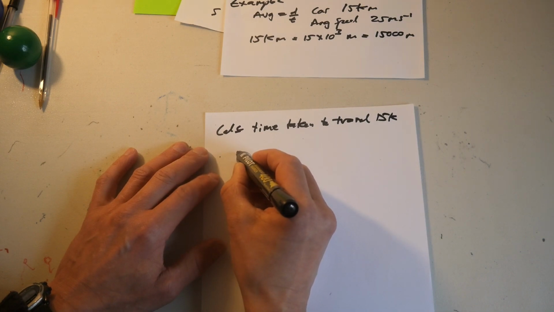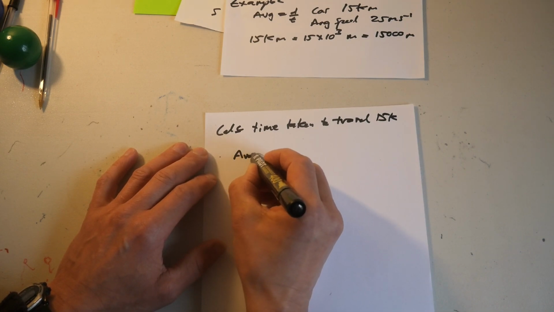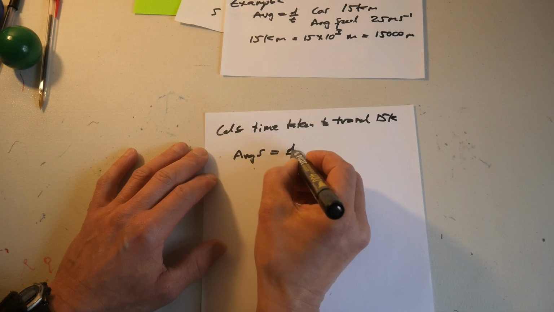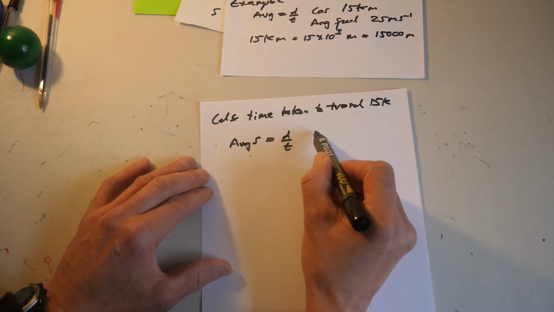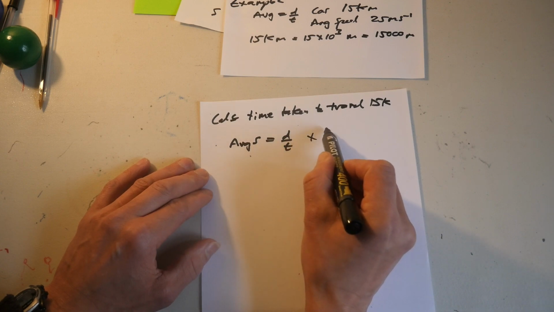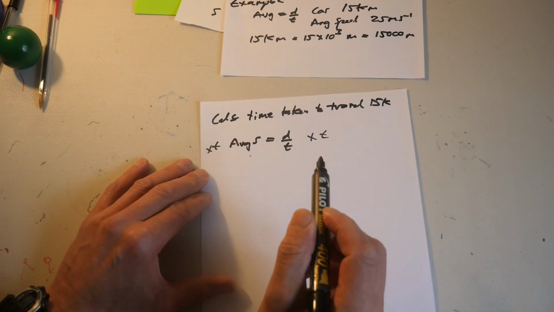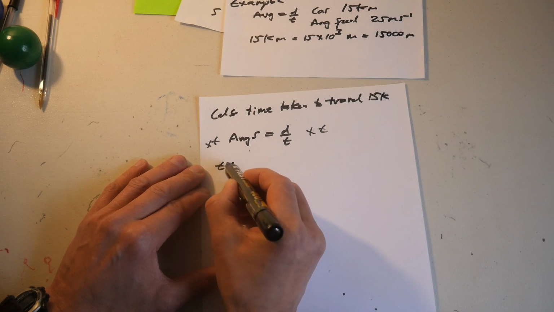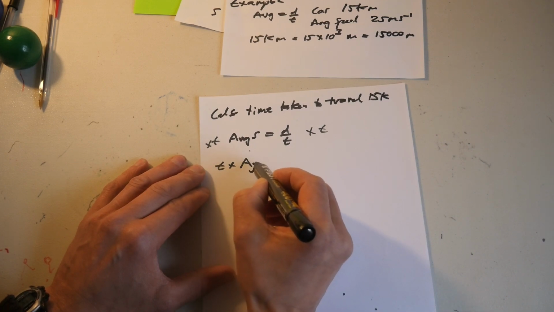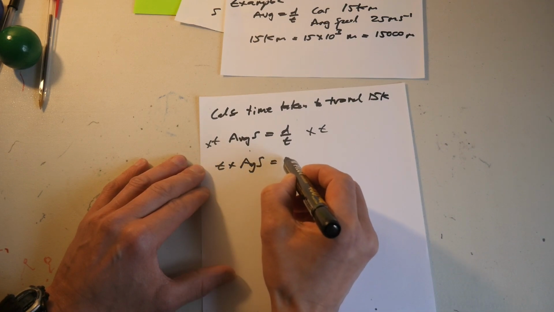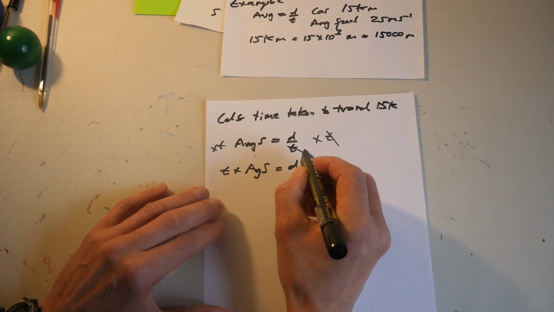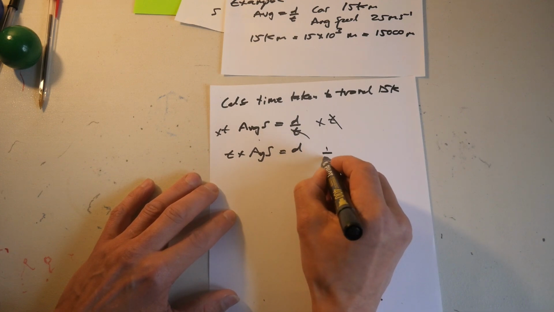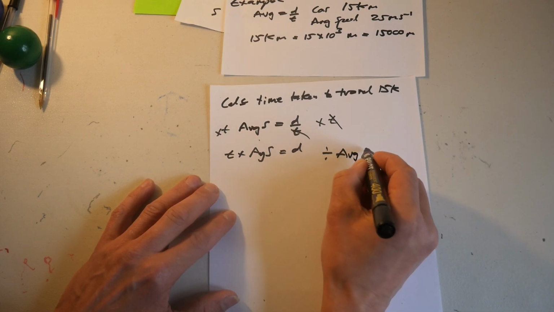So when the average speed equals distance divided by time, if you multiply both sides by t, okay? So you get t times average speed equals, those cancel, equals distance, and then divide both sides by average speed, okay?